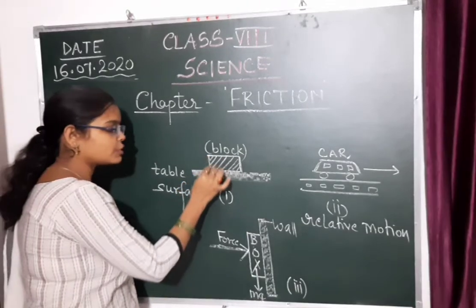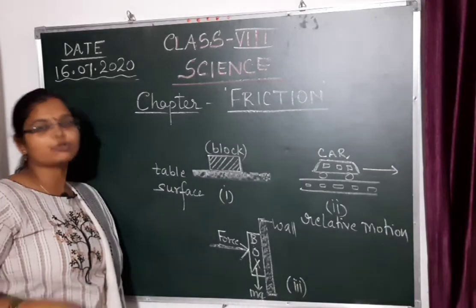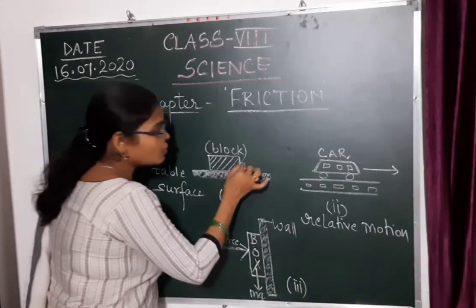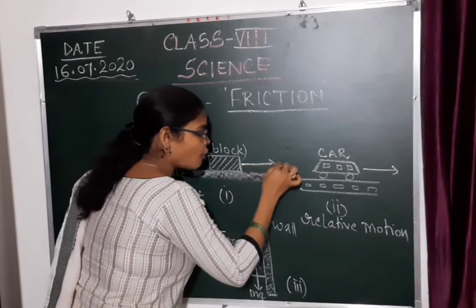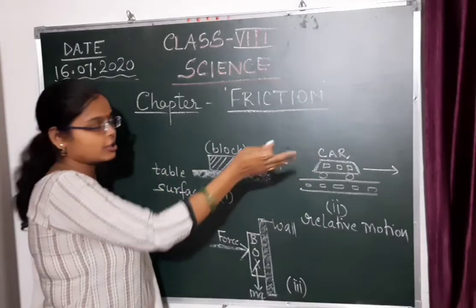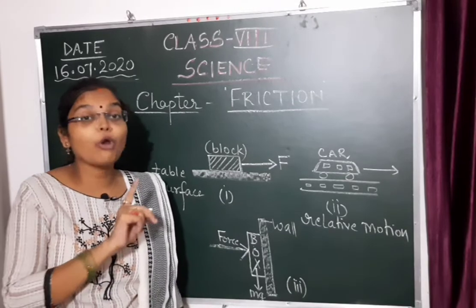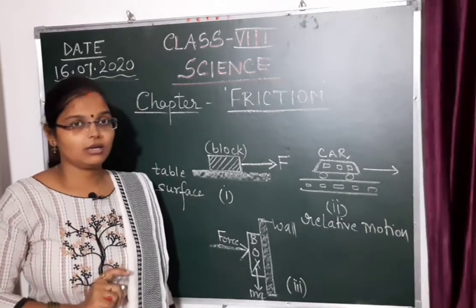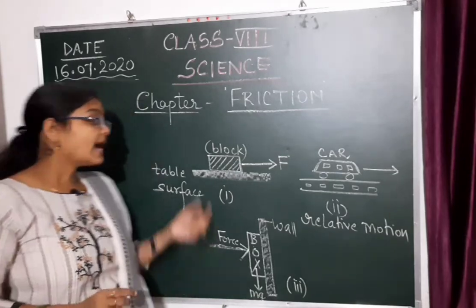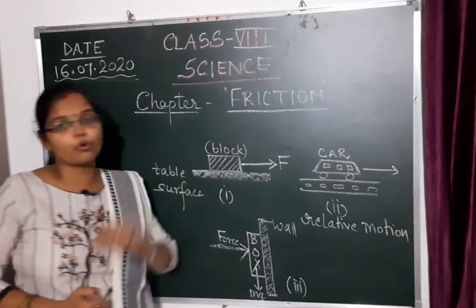Suppose on the surface of the table one block is kept, one book is kept, or one box is kept, whatever. And you are applying force in this direction to move this block. But this block is not moving. What does it mean? It means that there is something which is opposing its motion.